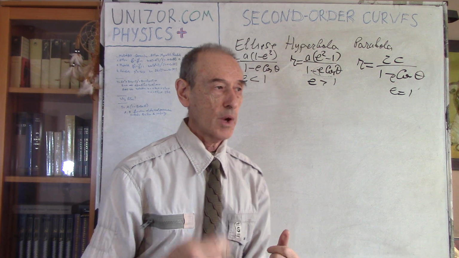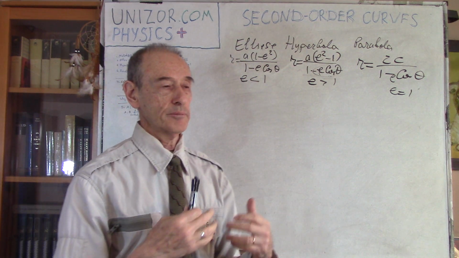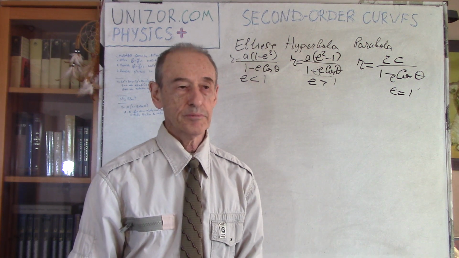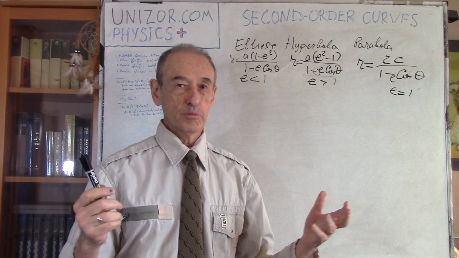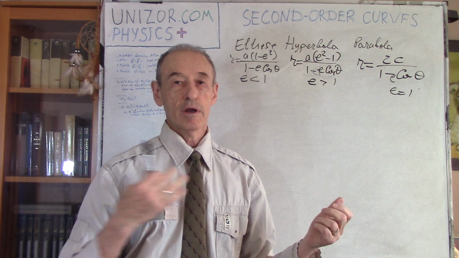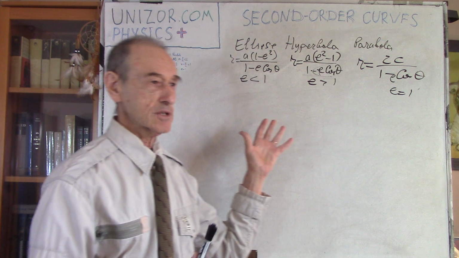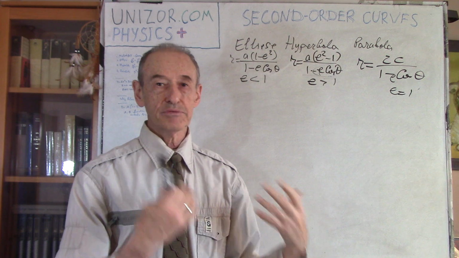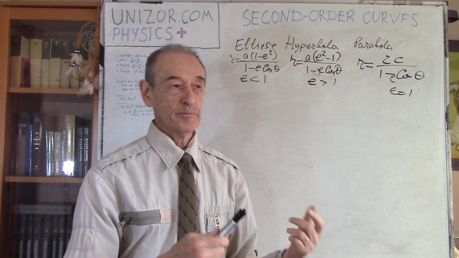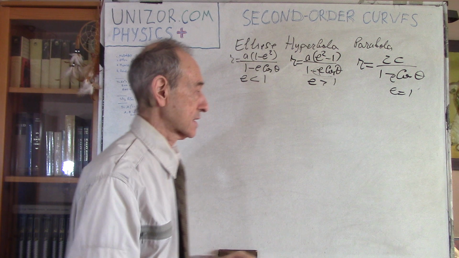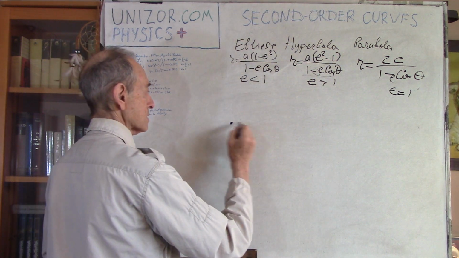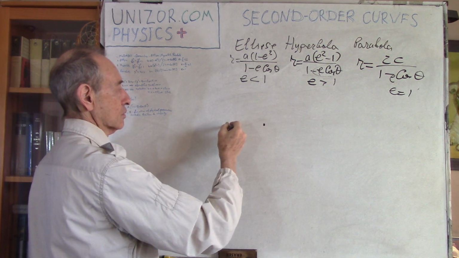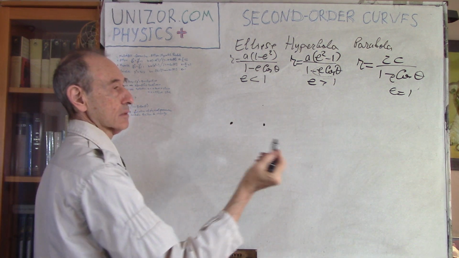Now, why will we use the polar coordinates? For a very simple purpose. If you don't know basically anything about the future trajectory, you see, in case of ellipse, hyperbola, and parabola, I started with the definition of these curves, and since I was talking about, let's say, an ellipse, I said, well, there are 2 points, and there is a property: the distance to this plus the distance to this is supposed to be equal to a constant.